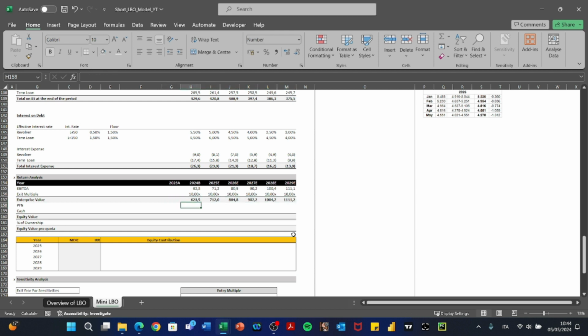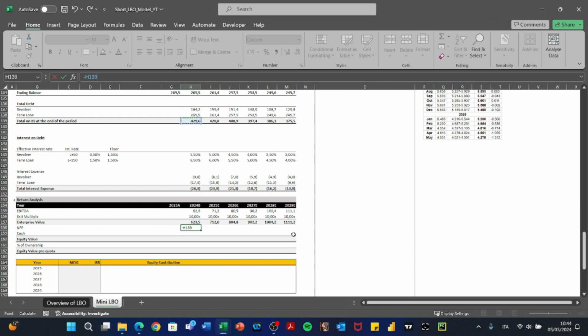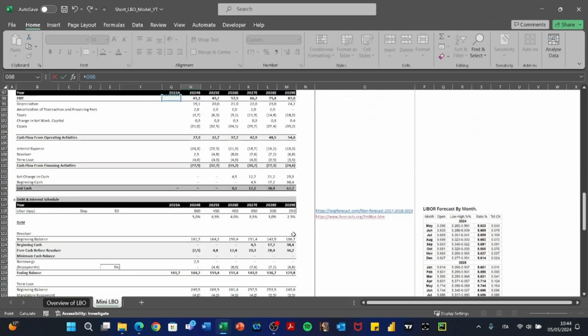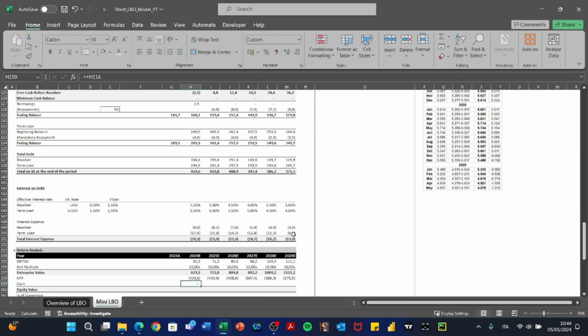Okay. Our net financial position is equal to zero. Okay. Cash at the end of the period is zero.